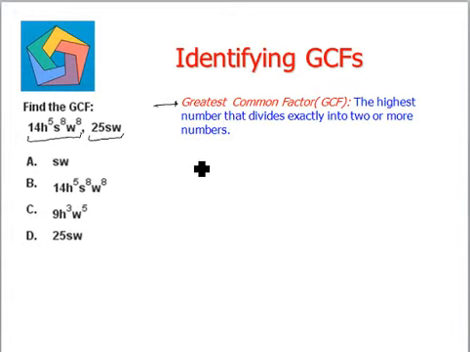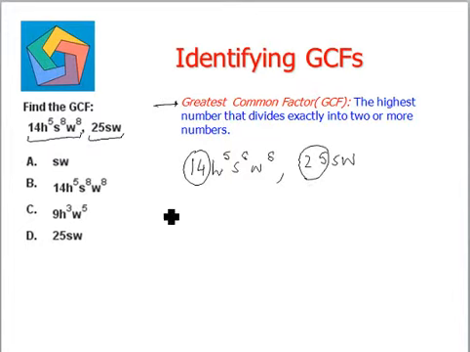So we are given the two expressions 14h^5 s^8 w^8 and 25sw. How we do this is we first find the GCF of the two numbers independently, that is 14 and 25.